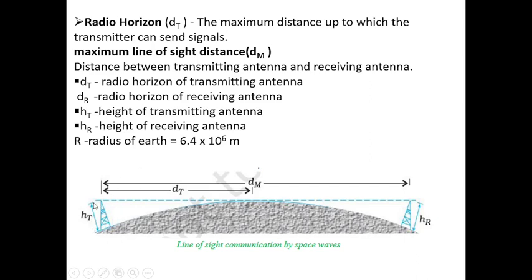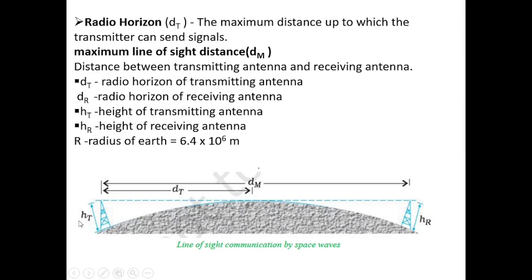DT is called the maximum distance up to which this transmitter will send the signals. Because of the curvature, this space wave cannot reach the other end, beyond the horizon. And the maximum line of sight distance is the distance between the transmitter and the receiver, by adjusting their heights.